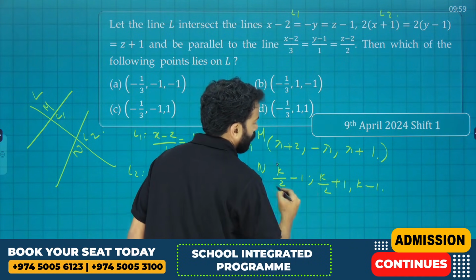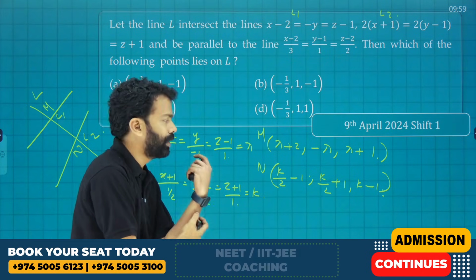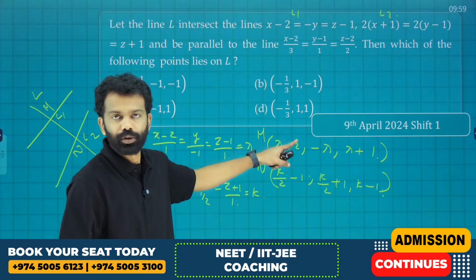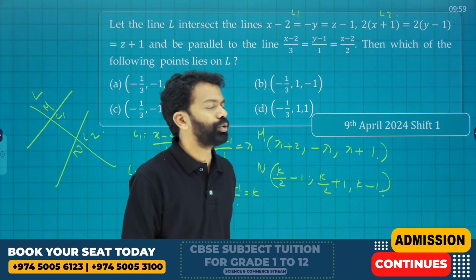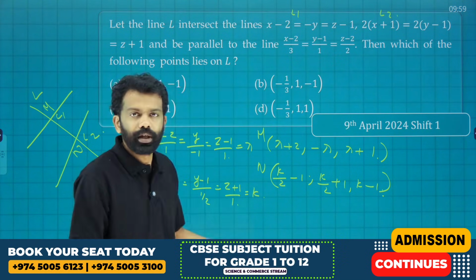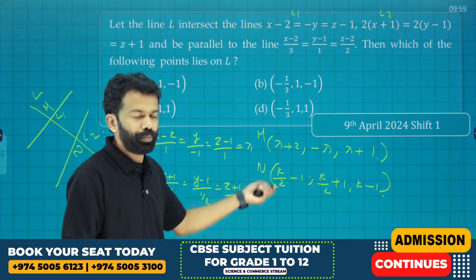If you have any two points on a line, we can easily obtain the direction ratios proportional to this line, and the corresponding direction ratios are 3, 1 and 2. So if you subtract, you will get the corresponding direction ratios proportional to this.